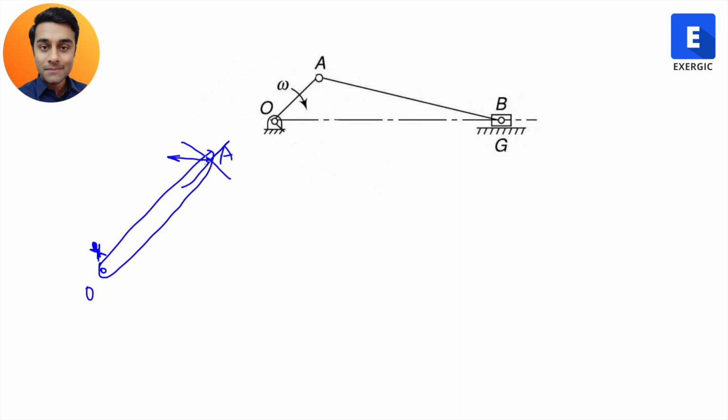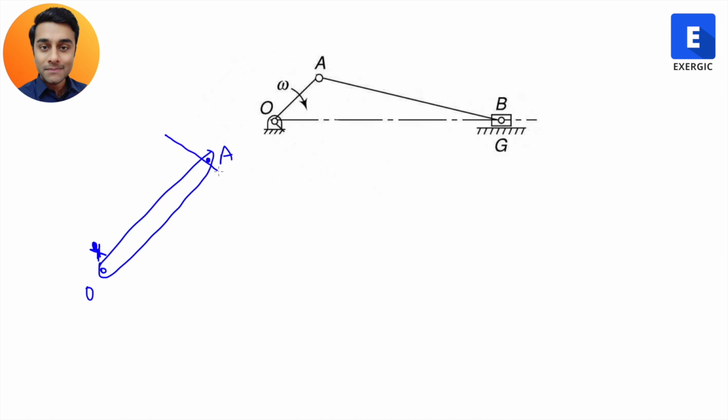I cannot say that it will be acting at an angle of 60 degrees from OA, because it will have a component along OA. The velocity along OA should be zero, including any component of velocity, because the distance between O and A cannot change with time. They are a rigid link.